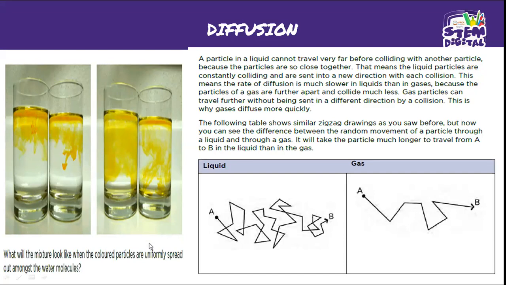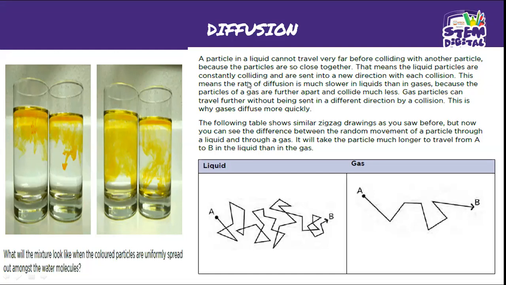Now, what happens to these particles? This is the explanation on the right-hand side. A particle in a liquid cannot travel very far before colliding with another particle because the particles are so close together. That means that the liquid particles are constantly colliding and are sent into a new direction with each collision.